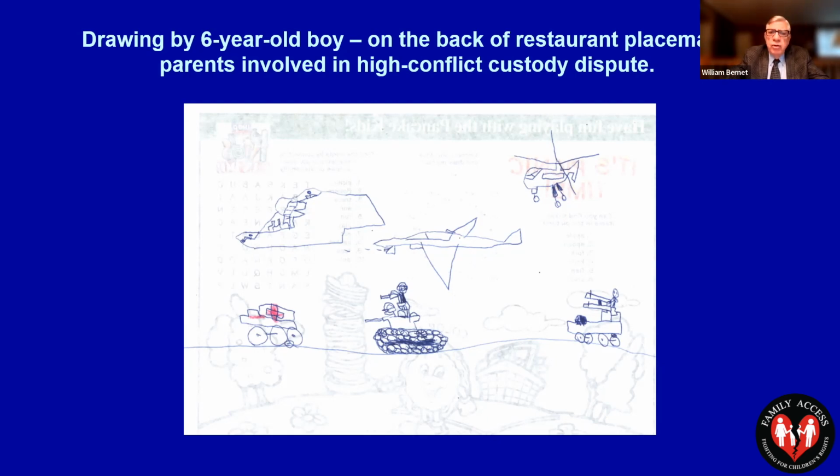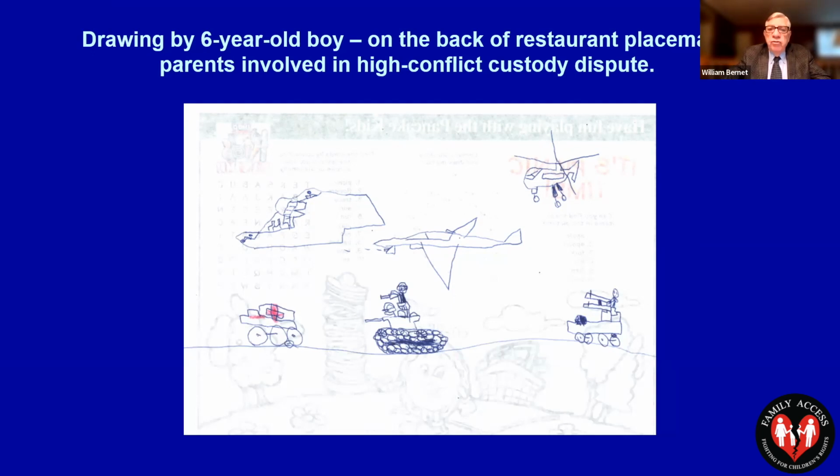And that's why I would say that he is experiencing a loyalty conflict. Why? Well, for one thing, he isn't sure which side to be on. Now, in this particular thing, this was drawn in the restaurant, but they brought it to my office. And so this little boy tried to explain this to me.